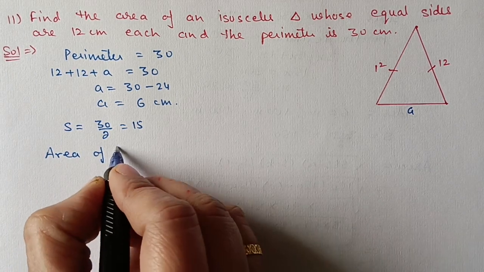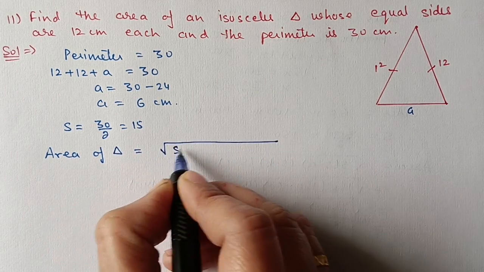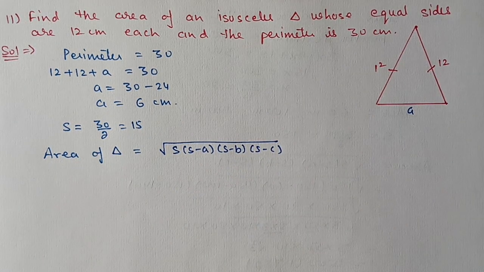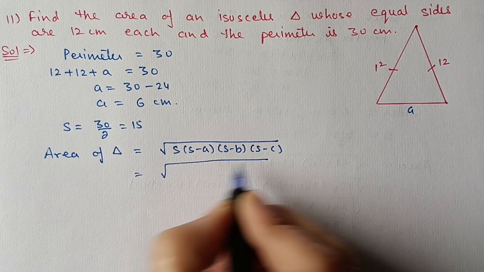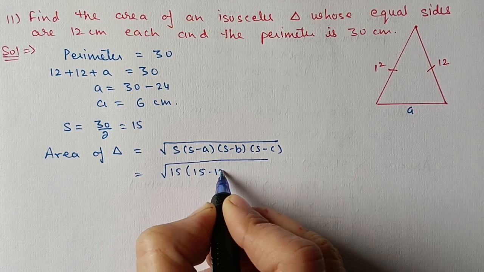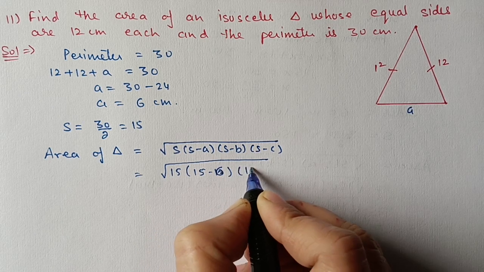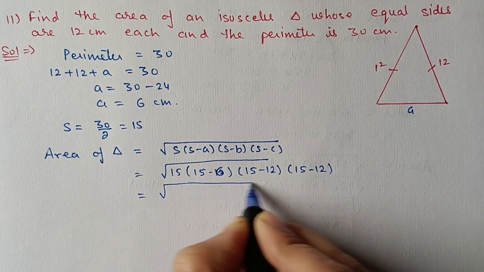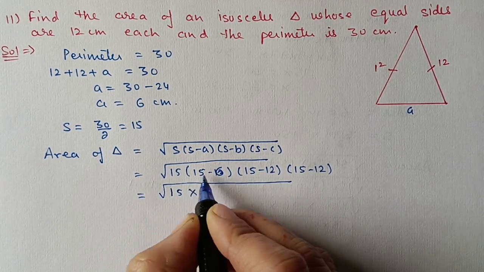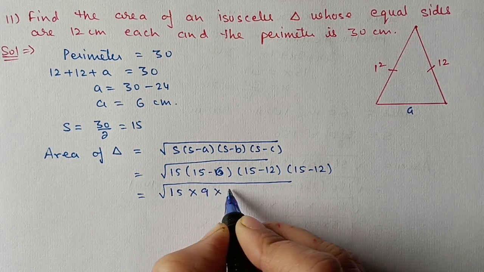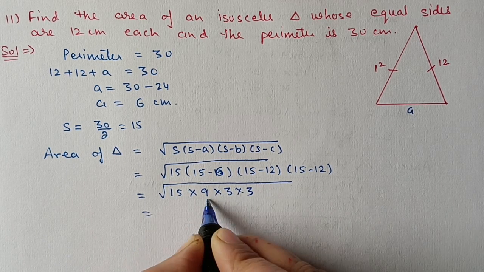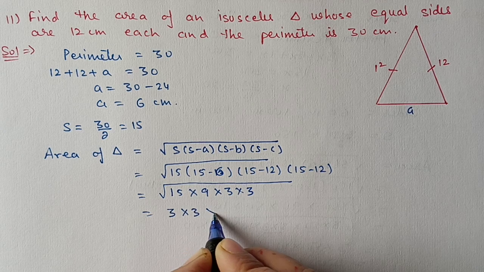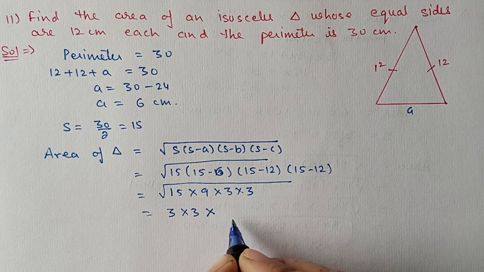Area of triangle is equal to root of S into S minus A, S minus B and S minus C. 15 into 15 minus 12, 15 minus 12 and 15 minus 6. So 15 into 9 into 3 into 3. So 9 is the square of 3. 3 we can take out. Again one more 3 we will take out, and the root 15 value we can substitute.